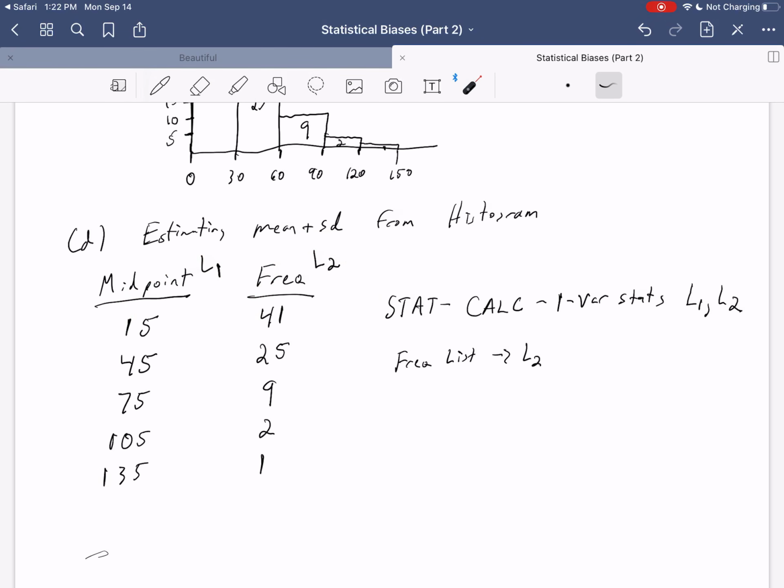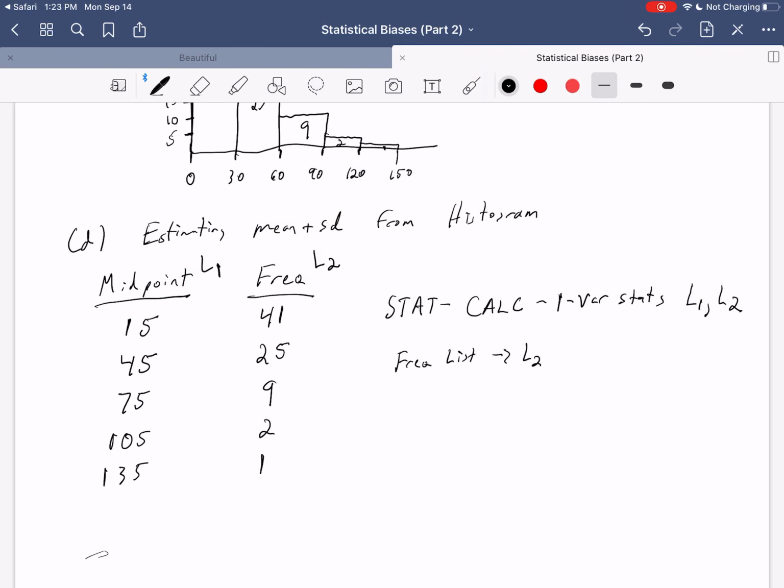One thing to keep in mind, if you have the newer calculator with the frequency list, next time you do something on your calculator, make sure to go back and clear that frequency list back out. When you go to 1-Var Stats and hit calc, you want to make sure that it's blank for frequency lists in the future, because the only time we use this frequency list approach is for estimating mean and standard deviation from the histogram.